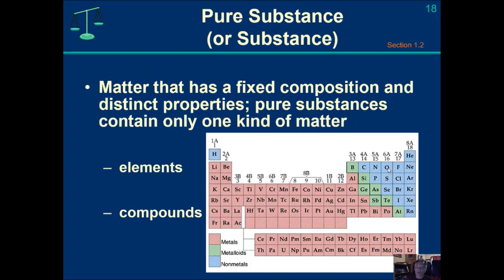The same thing could be true for oxygen. If I have only oxygen atoms, I have pure oxygen. And that's true for any of the elements, something that's often sought after historically and to this day, pure gold. And so if I have only atoms of gold, I have a pure elemental substance that we call gold, and its symbol is Au.